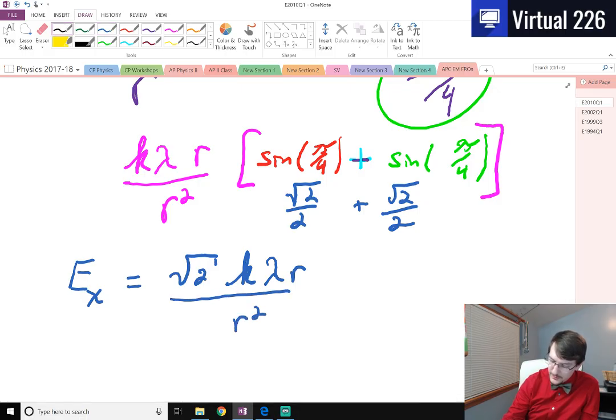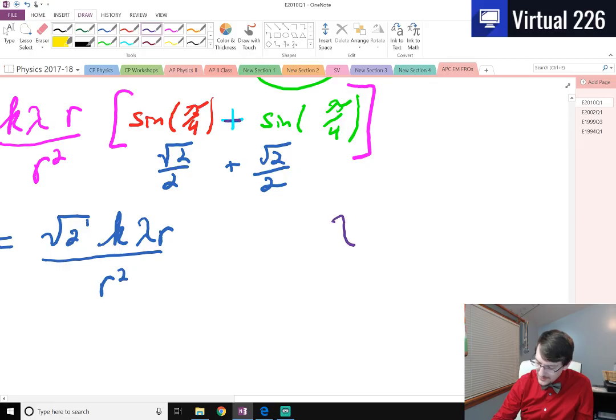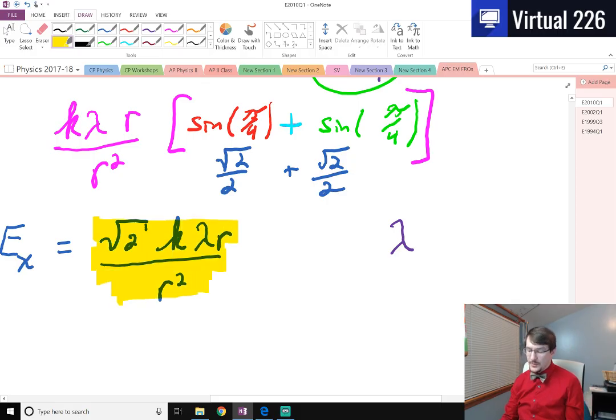If we wanted to, we can say, hey, look, one of the r's goes away. What we're actually going to do, and this is what they do in the solution, is you actually know in this problem what lambda is. So while this is a great solution right here, you can clean it up a little bit more.